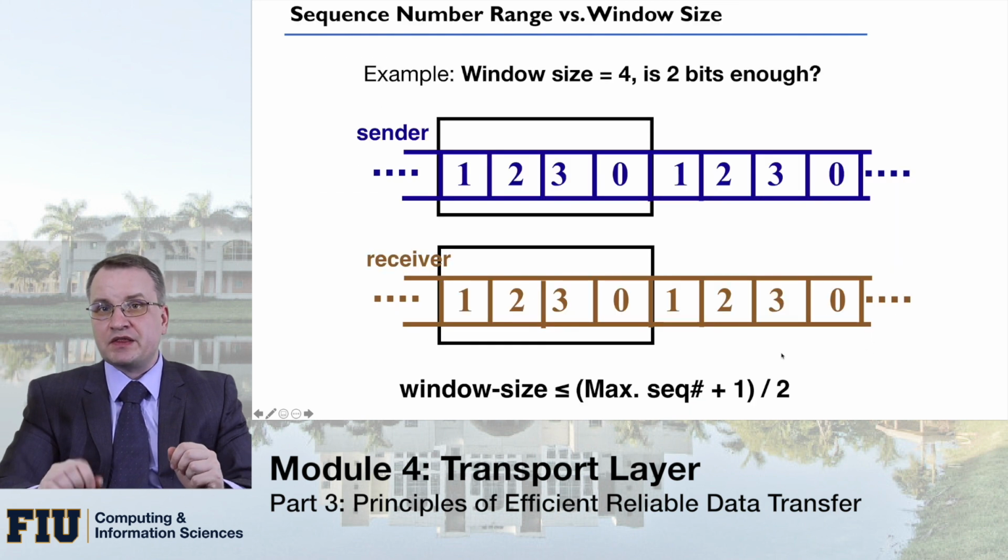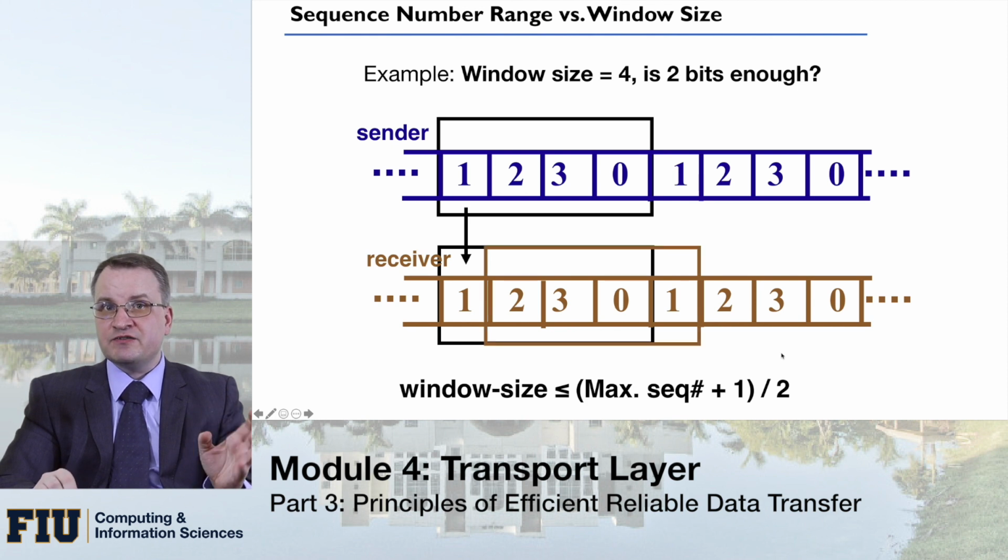To illustrate the same with a slightly different example and a small animation, just consider, again, in this case, a window size of 4, and somehow we decided to also pick 4 sequence numbers. Initially, if you send everything, the sender will advance. And again, each time you advance, something will happen.